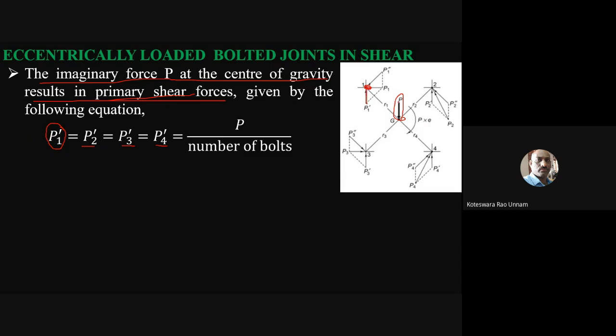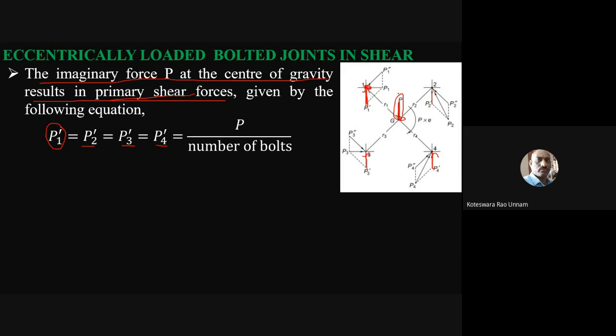Since the applied force is in the downward direction, obviously as per Newton's second law, the reaction should be in the opposite direction. So we are applying a force to this, then the reaction of the bolt is going to be P1 dash for the first bolt, P2 dash, P3 dash, and P4 dash, and its direction is exactly opposite to the applied force.